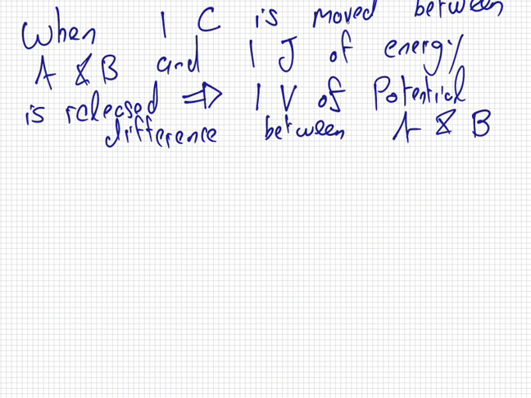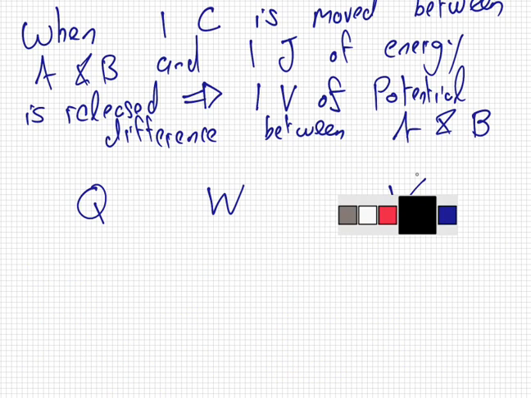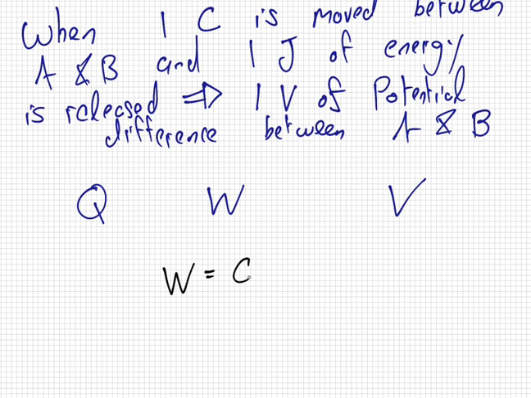So if we say instead of 1 coulomb, we just say Q, and instead of 1 joule, we just say W, and instead of 1 volt, we'll just say V. Let's think about the formula. I'll just give it to you straight. Work equals QV.